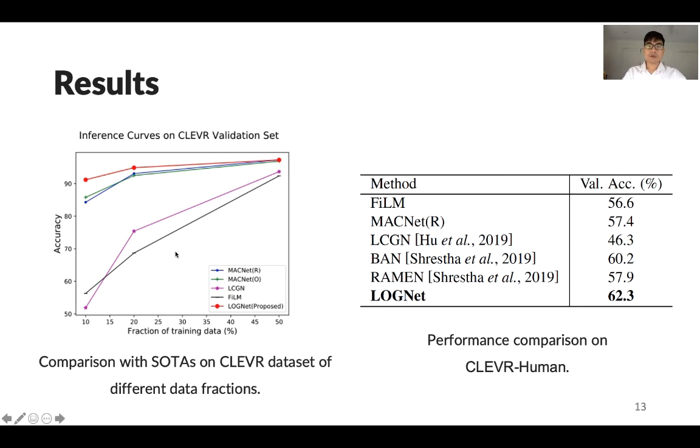So here are the results of our method. It can be seen that our method shows advantages over our previous work, especially when we deal with a small amount of training data. The improvement is from the object proposal, of course, and the robustness of modeling the relations between objects.